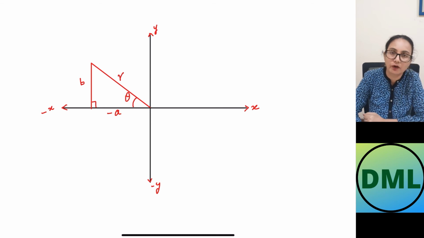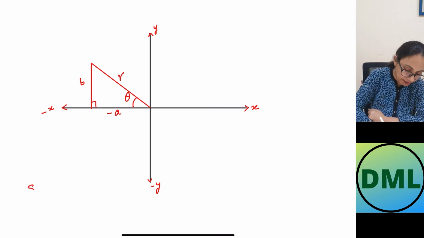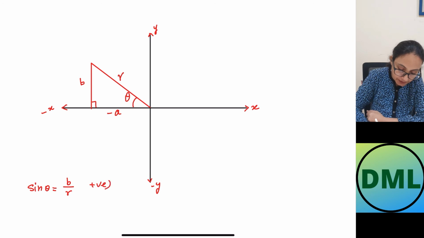Now I will write down all the values for sine, cos and tan. So what is the value for sine theta? For this theta angle, this is the opposite, which is B, and R is the hypotenuse. So sine theta will be given by opposite, B over R. So that is positive here.